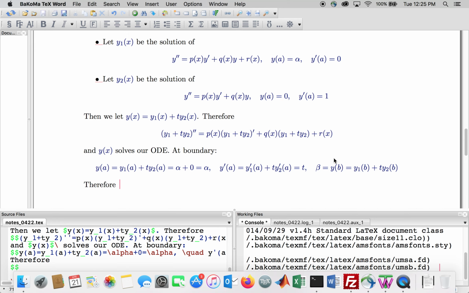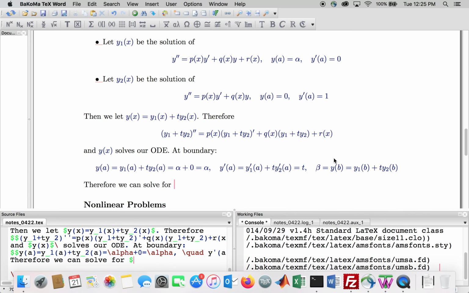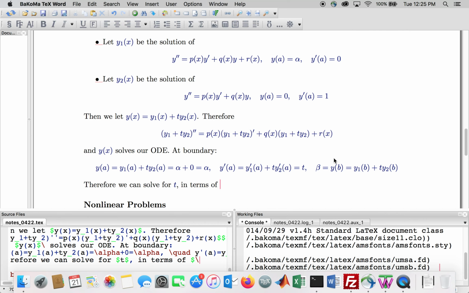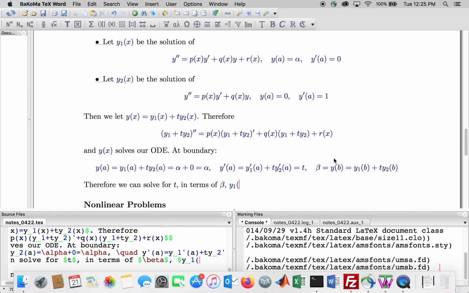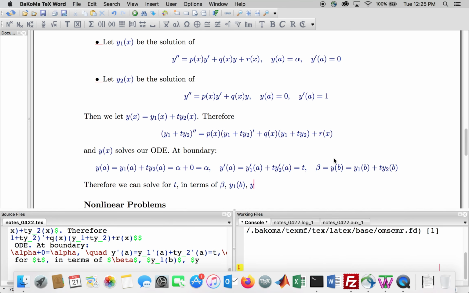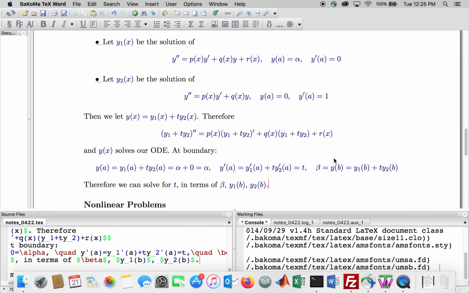I can just solve for t. We're solving for the unknown parameter t, and that will depend on beta. I'm not doing it here, it's in the homework.